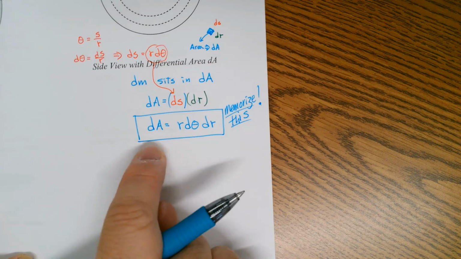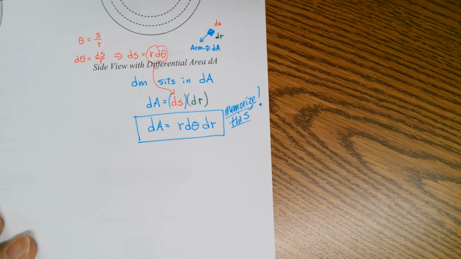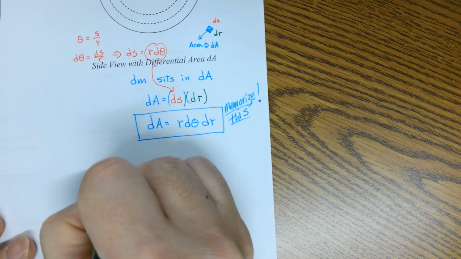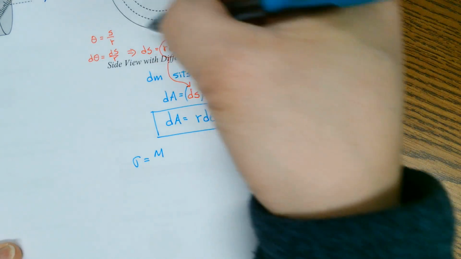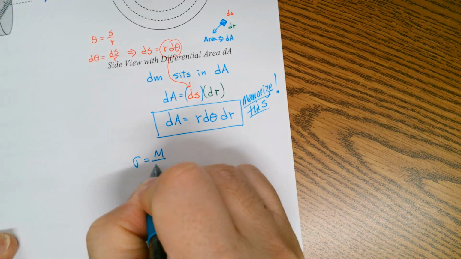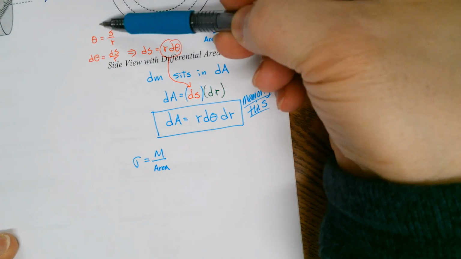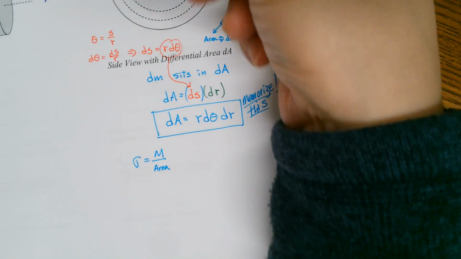Therefore, since this is an area, my sigma is equal to the total mass divided by area. We're looking at just that one sliver of this solid cylinder now, just the face.